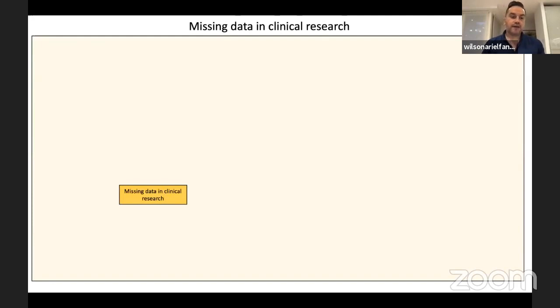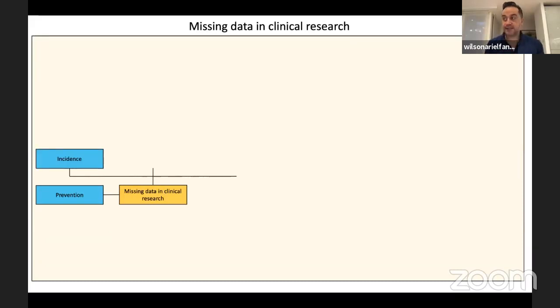So we've talked about prevention. I already spoke to you about the incidence and said it is acceptable to have up to 20%; more than 20% you should start to be worried about. And in terms of the incidence as well, I did say to you that it's very rare to see clinical trials reporting no withdrawals, no dropouts, no loss to follow-up.